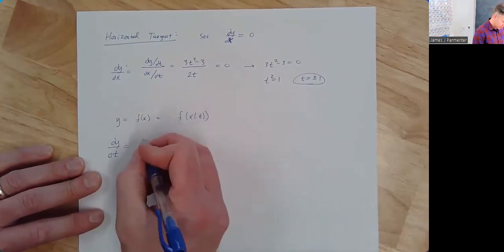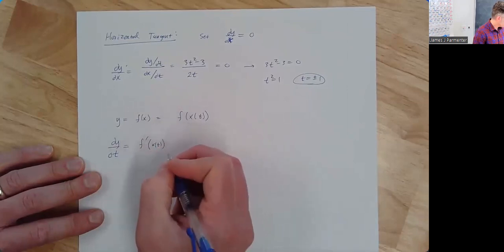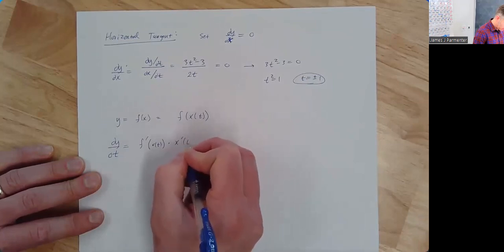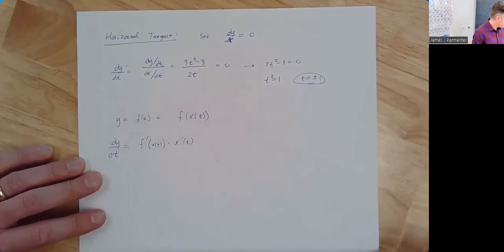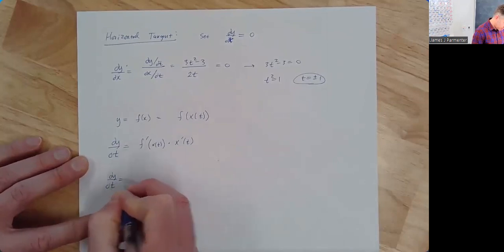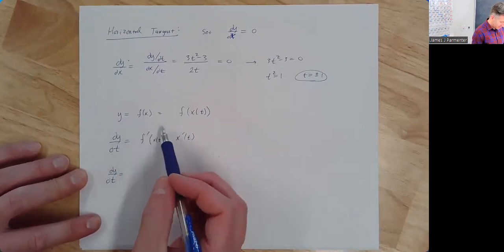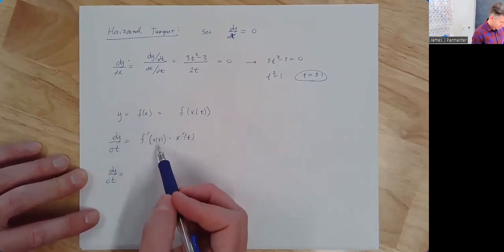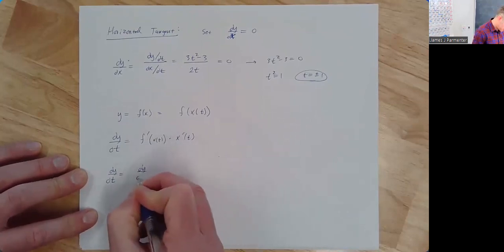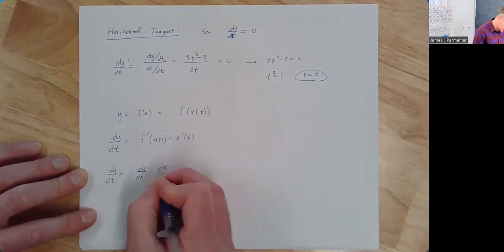I'm going to take the derivative of this, it's going to be f prime of x of t times x prime of t. But using my other notation, f prime of x of t, well, f is just y. So this is like I took the derivative of y with respect to x. And x prime of t is like I took the derivative of x with respect to t.